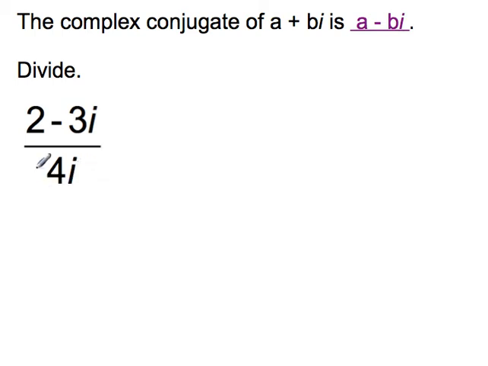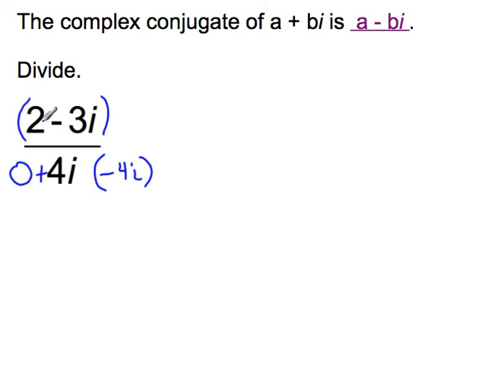If I had 4i, that's really 0 plus 4i, if you think about putting the real part in front of that. So now if I want to multiply this by the complex conjugate, it would be 0 minus 4i, which is really just -4i.